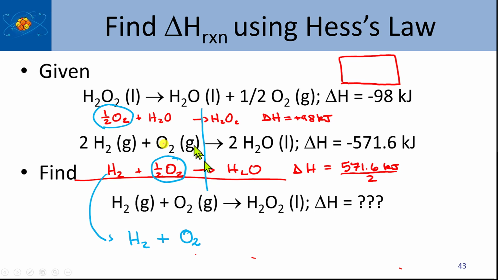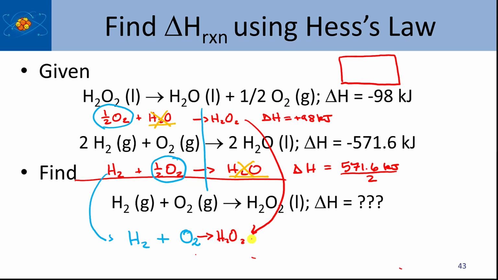Now, my problem is I have an H2O over here, right? But you notice what happens. I actually have H2O on the left side and H2O on the right side, so these will cancel out with each other. The only thing that's left then is the H2O2, which I can write at the bottom here. The reaction arrow doesn't move, it stays in the middle, and I have H2O2.